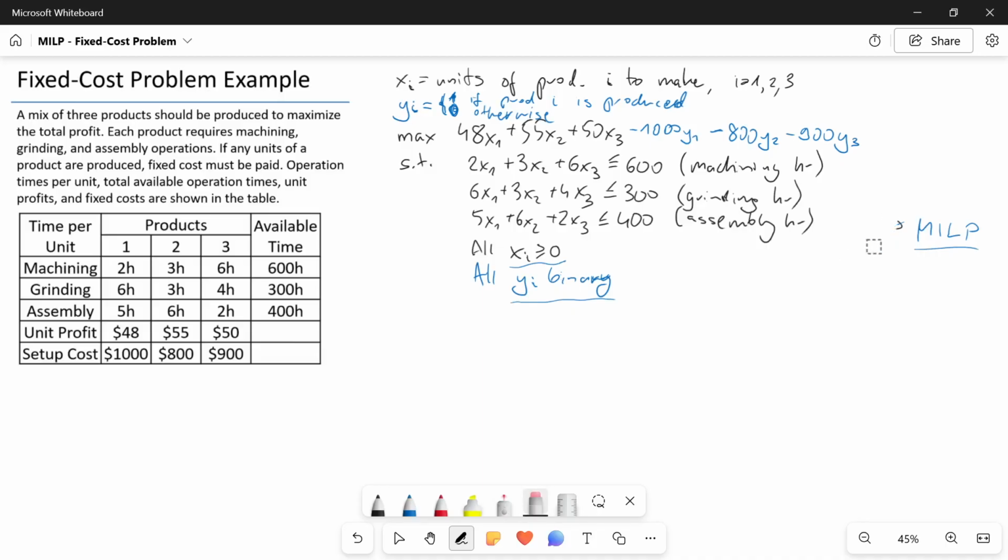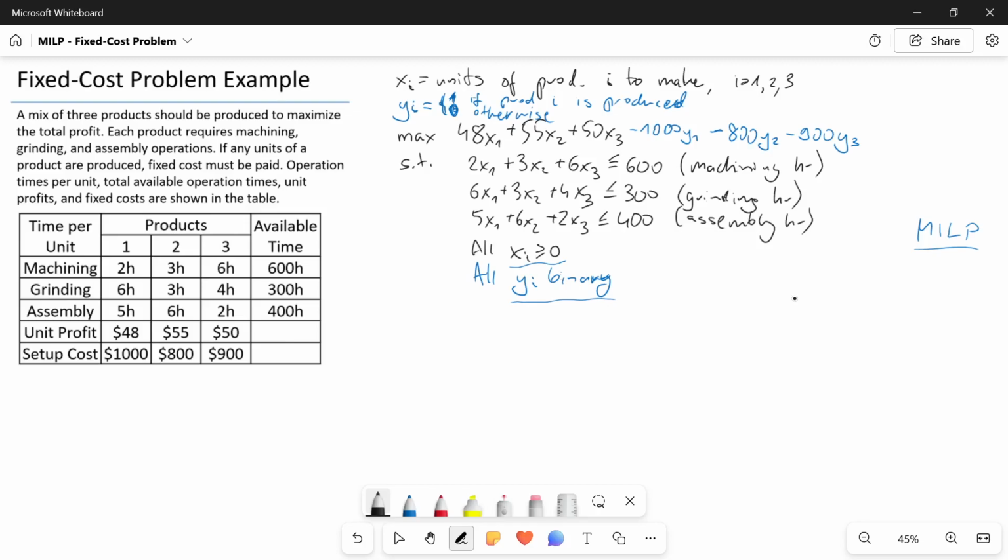So it's not LP. But there is something missing in this problem. Notice that these variables y and x are independent of each other. They are not linked.